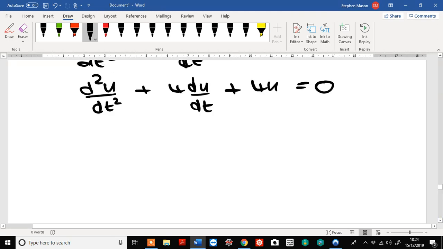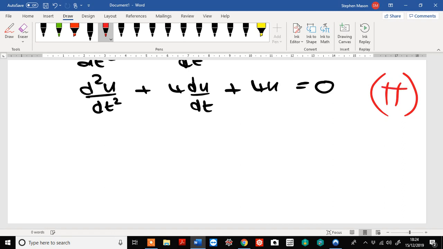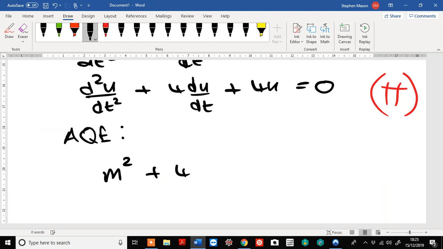Now, I'm not going to go into all the step-by-step notation as to how to solve this equation, which we'll call equation dagger. Suffice to say that the auxiliary quadratic equation is m squared plus 4m plus 4 equals 0.